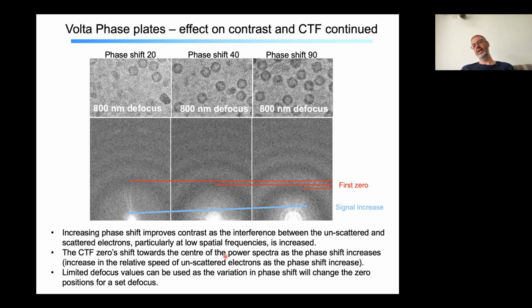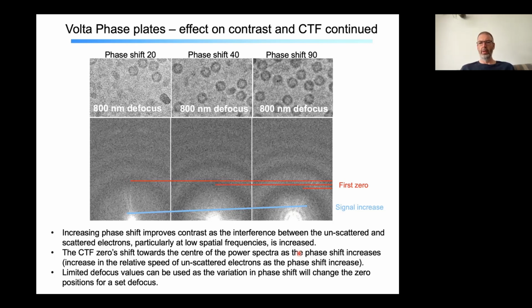So this essentially means that you can potentially use a single defocus value and rely on the changing of the Volta potential to fill in the regions of spatial frequencies which are transferred in some images but not transferred in others.